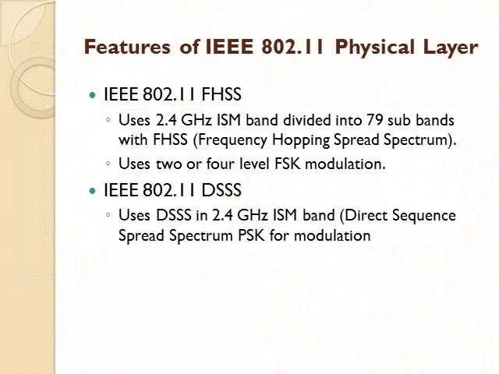Another standard of wireless communication is 802.11b, which provides a maximum transmission speed of 11 megabits per second and uses the 2.4 gigahertz radio frequency range, but it's compatible with the IEEE 802.11g standard.